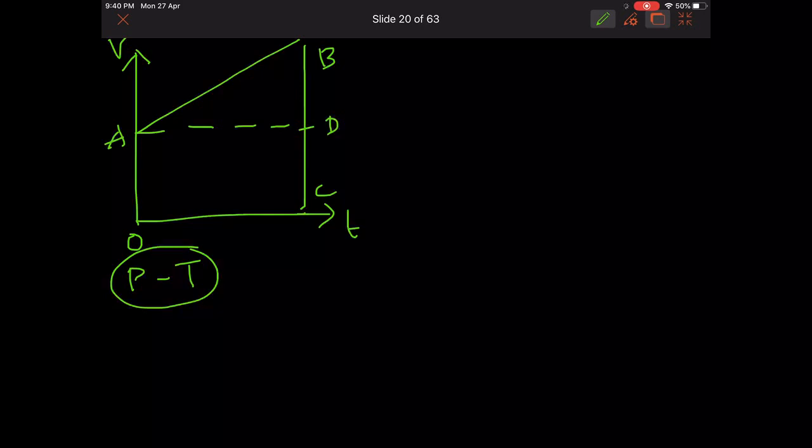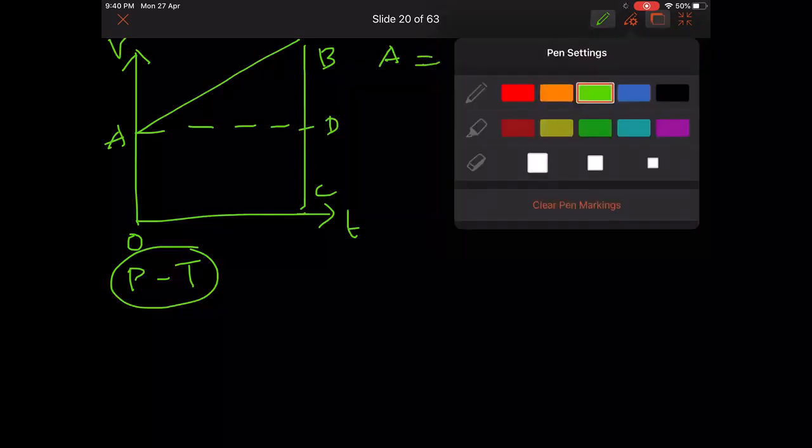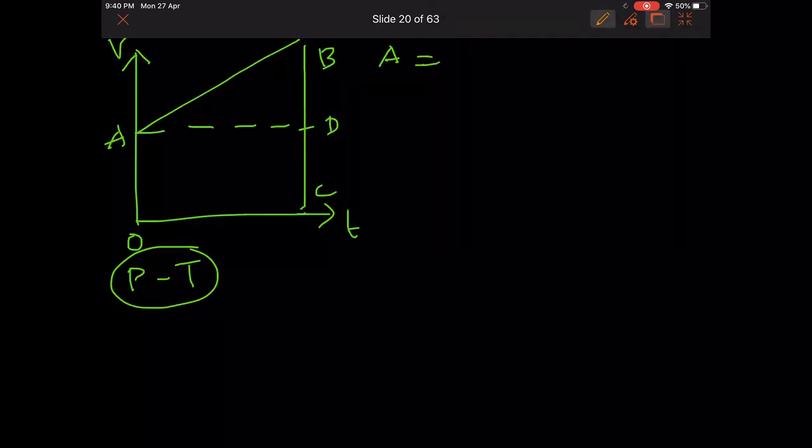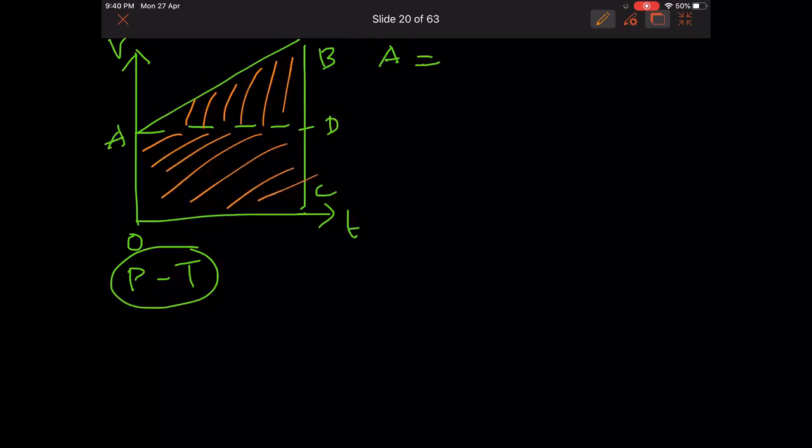We have studied that whenever we have a velocity time graph, if we calculate the area, it will give us distance or displacement basically. So in this case, we will calculate the area. How will we calculate it? We can divide this area into two. First we calculate the area of this triangle, and then we add the area of the rectangle.